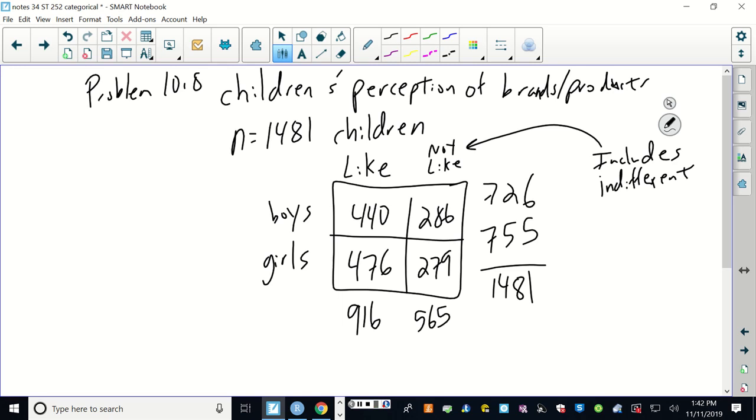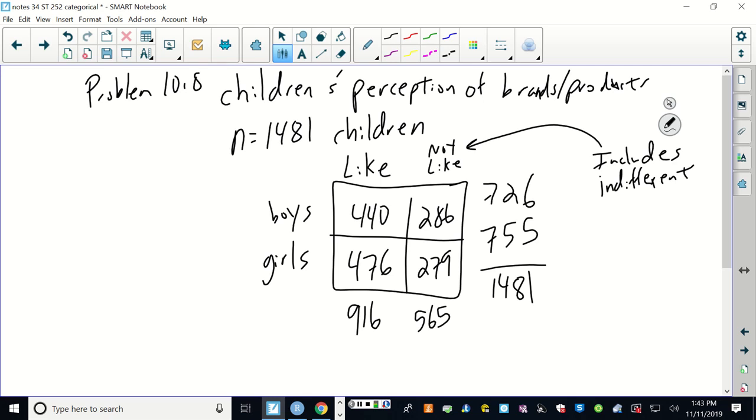In this case particularly, we could do a test using 2 proportions: is the proportion liking it among the boys the same as the girls, using our 2-sample procedures. But we're going to look at things that go beyond that and could be used for all 5 categories, so we're going to frame it a little differently. The basic question is, is there a difference between boys and girls in liking and not liking these products?